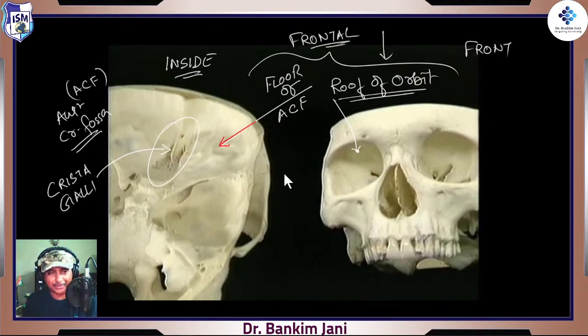To be simple, you can say it in Hindi, it is like gully, a narrow passage. So that is Crista Galli. What it is doing, we'll see. But see, there are dots, all those dotted things. Okay.